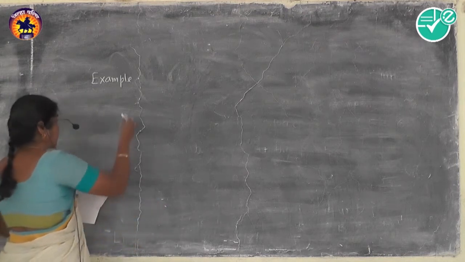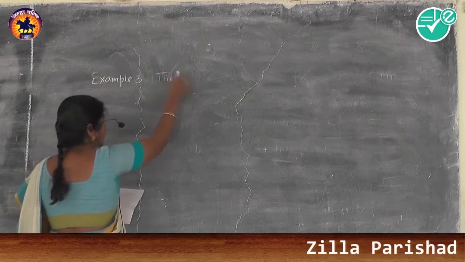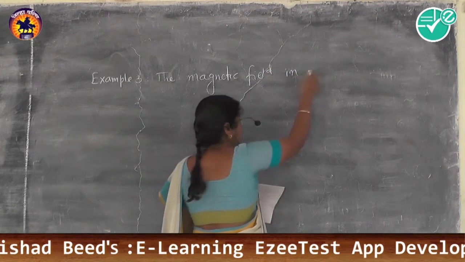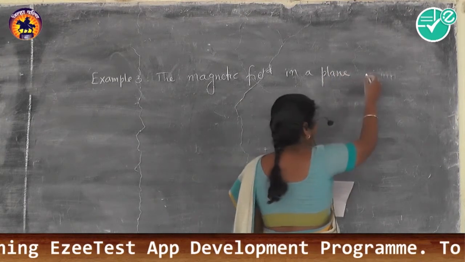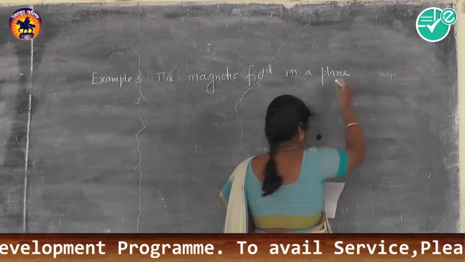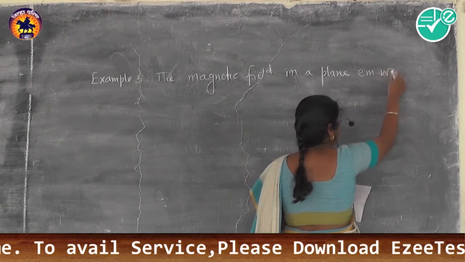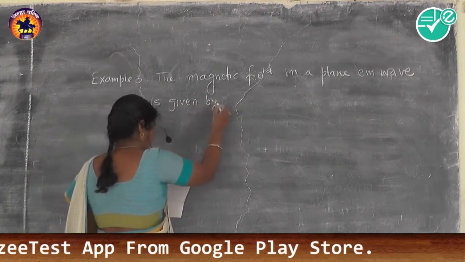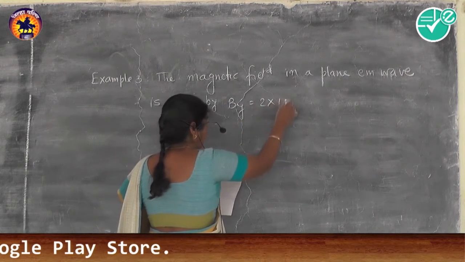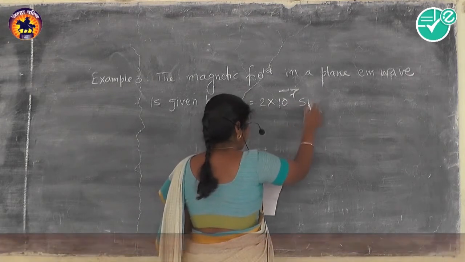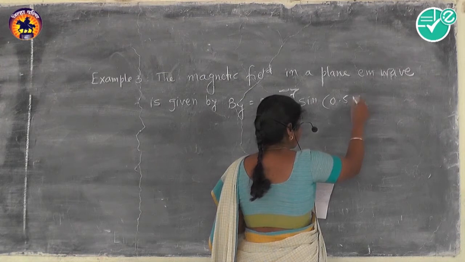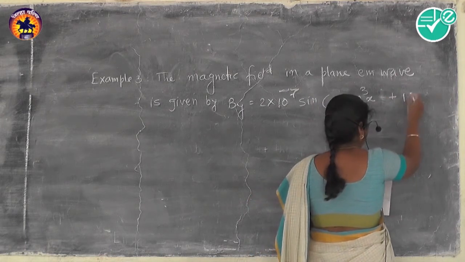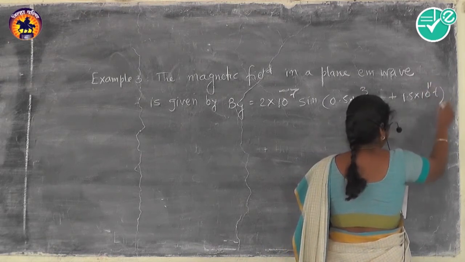So the third example I take here as example 3. The magnetic field in a plane EM wave is given by B is equal to 2 into 10 raised to minus 7 sin (0.5 into 10 raised to 3 x plus 1.5 into 10 raised to 11 t) Tesla.